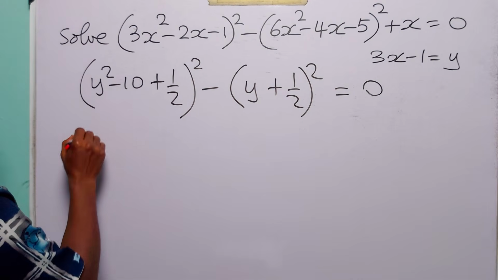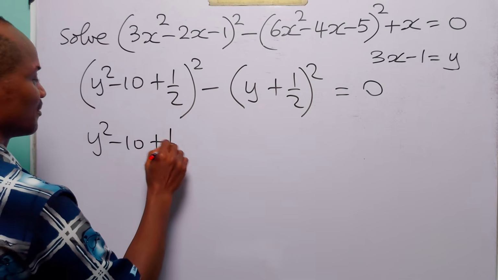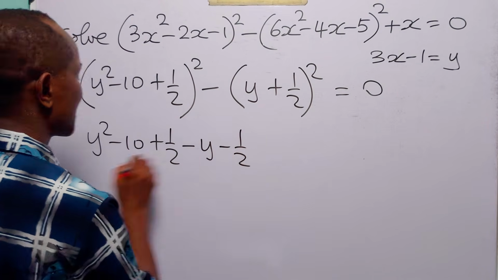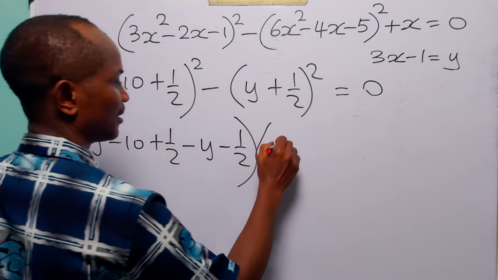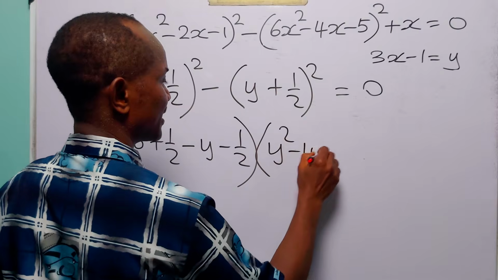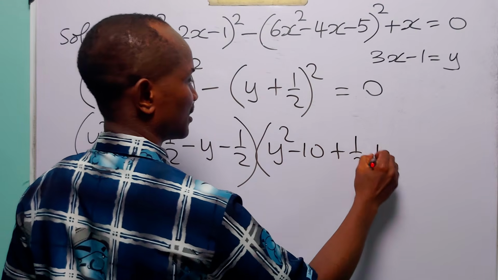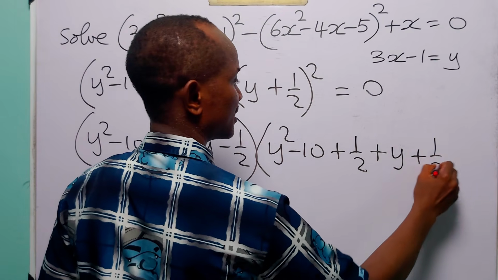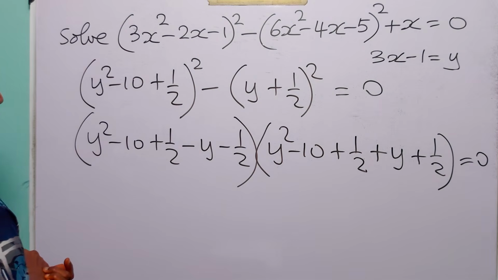We can factorize this as (y squared minus 10 plus half minus y minus half) multiplied by (y squared minus 10 plus half plus y plus half). This is equal to 0.